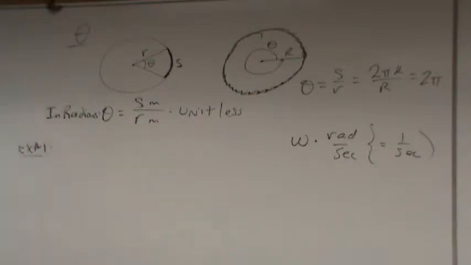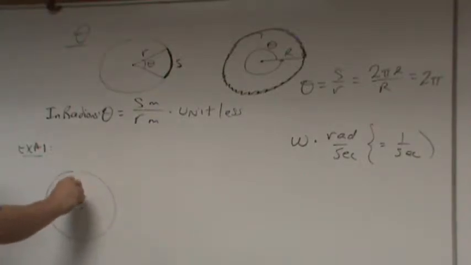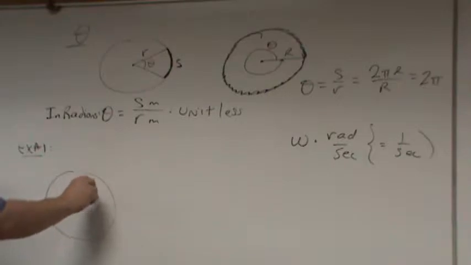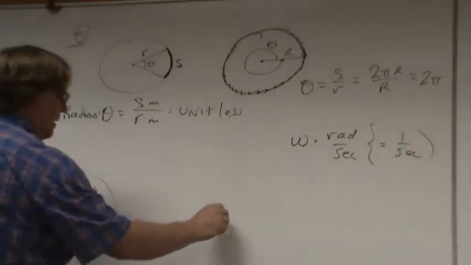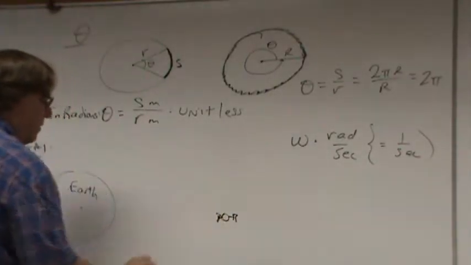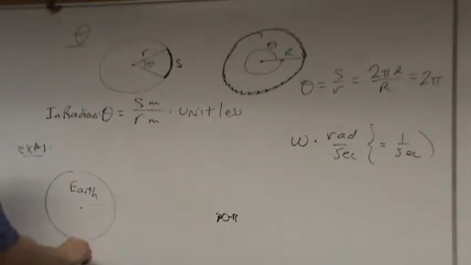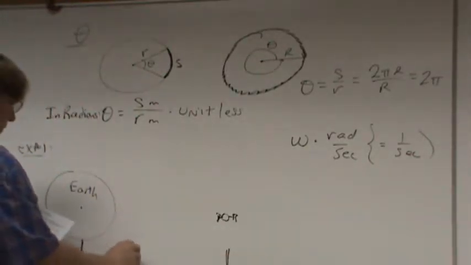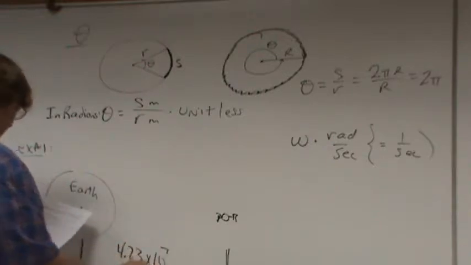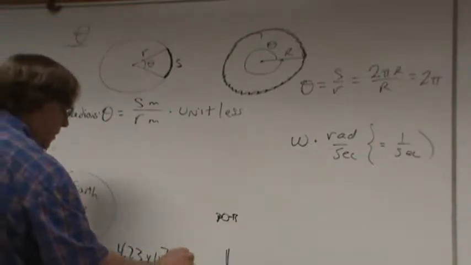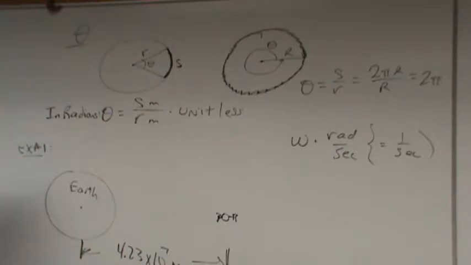Let's go ahead and do example number 1. Let's use this formula, theta equals S over R. I've got Earth, and I've got a satellite. This satellite is 4.23 times 10 to the 7th meters away from the surface of the Earth. Oh, I'm sorry, away from the center of the Earth.